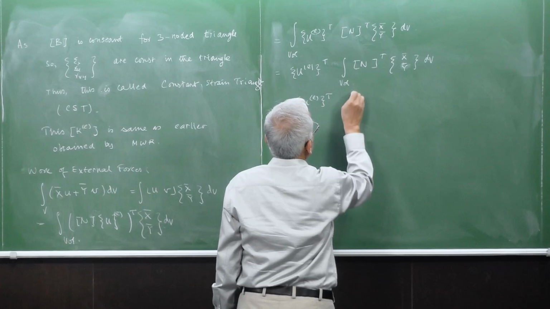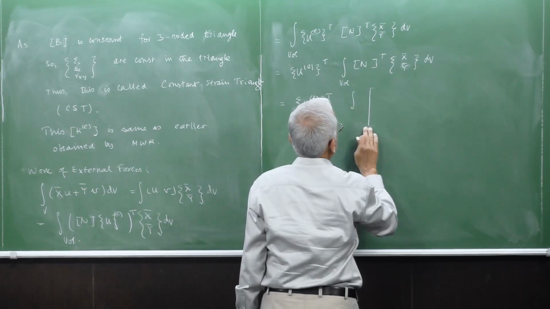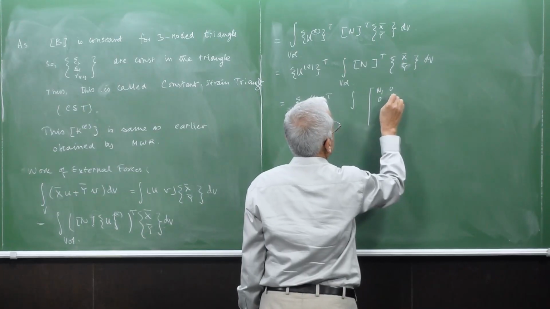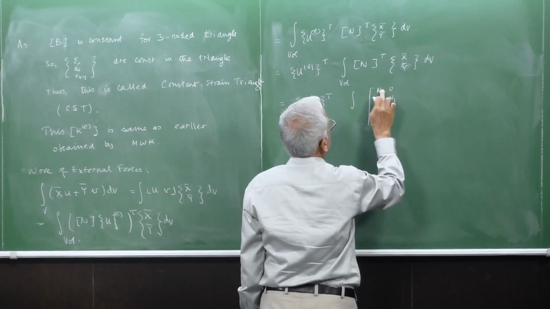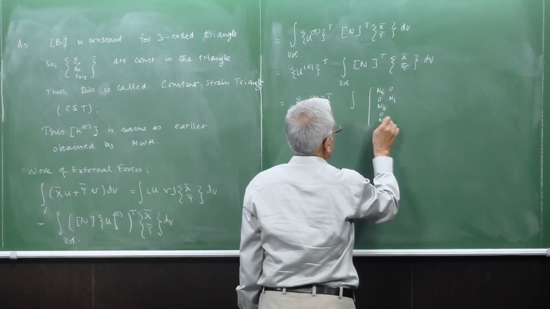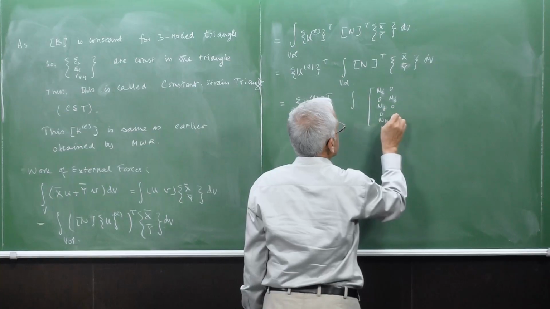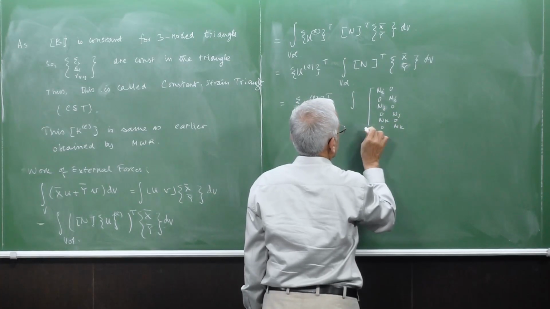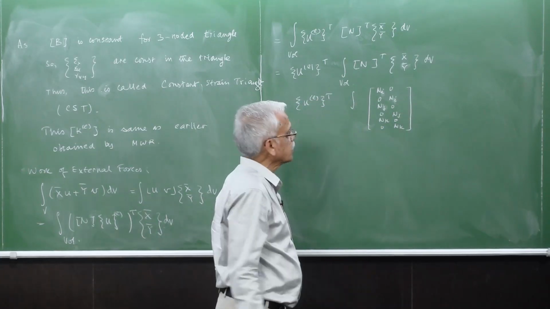So this N transpose here will be N1, N2, N3, that is Ni, Nj, Nk, this is N transpose.